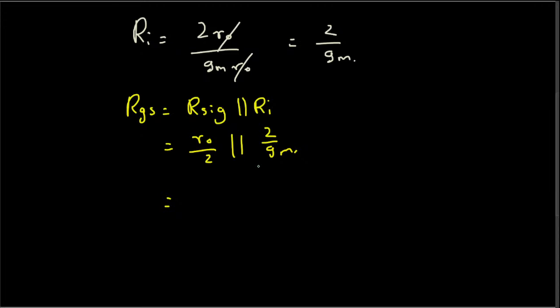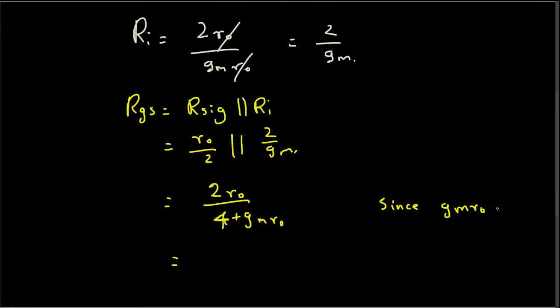So you just multiply and add both of them in the denominator. If you do that, you will get 2RO divided by 4 plus gmro, and they have mentioned that this gmro is much larger than 1, which means 4 is negligible compared to it, because 4 is close to 1. So you can neglect this 4.